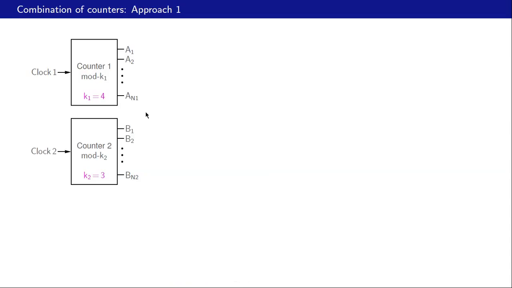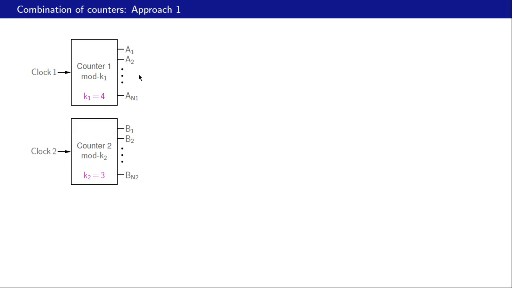Let us now see how we can combine two different counters and what it buys for us. Okay, so here is counter 1 with its own clock called clock 1, and it is a mod K1 counter, and we will take this example where K1 is 4. So this counter would have 4 different states.